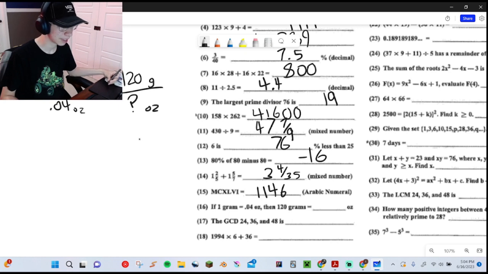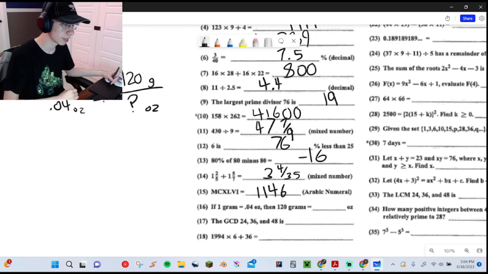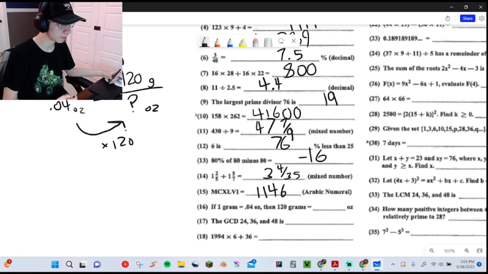So question mark ounces. So this ratio should always be constant. Right? And so if this top is being multiplied by 120 to get from 1 gram to 120 grams, for this ratio to be constant, I gotta multiply the bottom by 120 as well. So they increase by the same factor, right? And that should make sense.